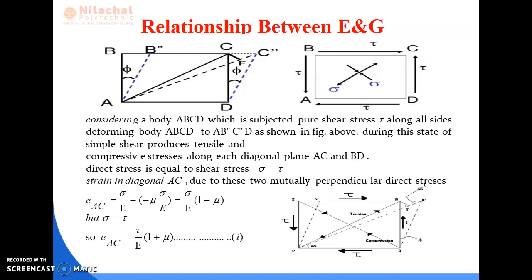Let us consider a body as shown in the figure ABCD. It is acted upon by the shear stress tau along its 4 sides. Now, this body is called the body in simple shear.